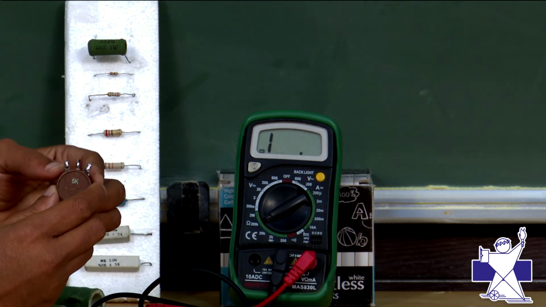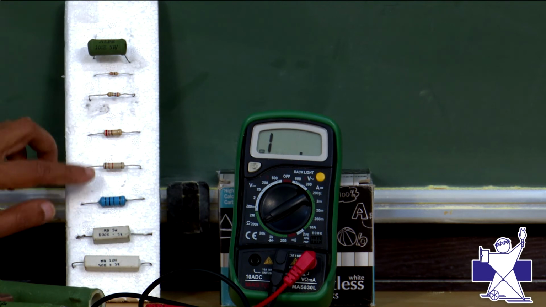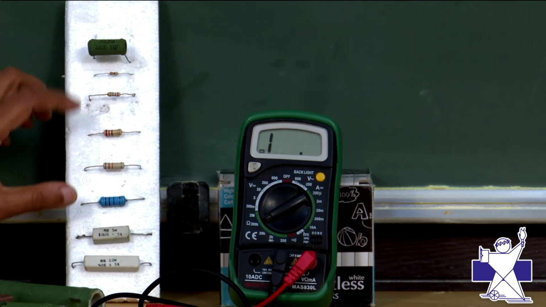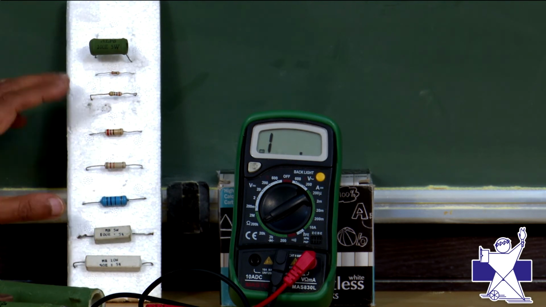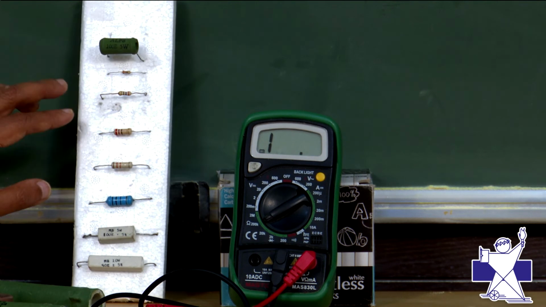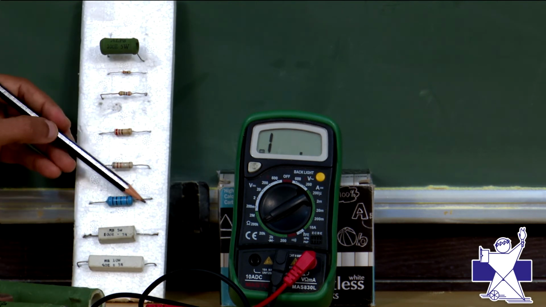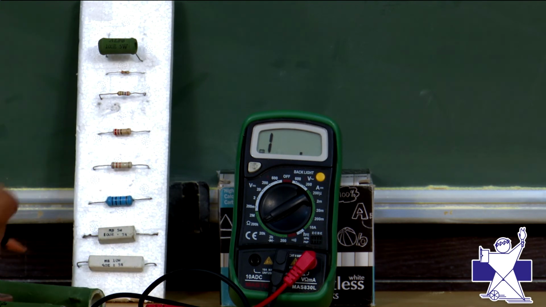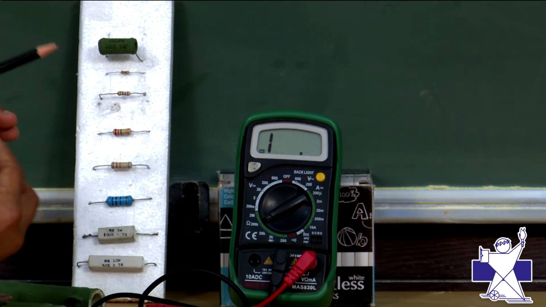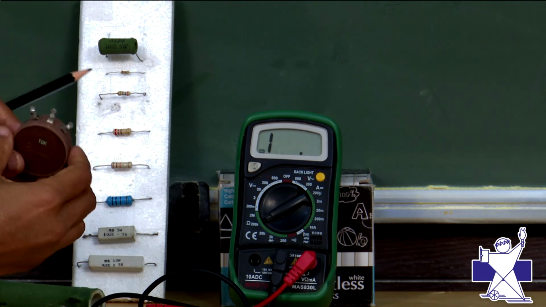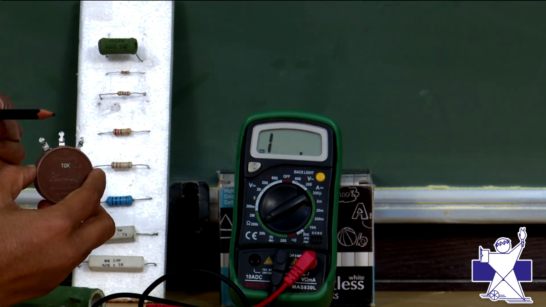Now you see here, the resistors made up of carbon or ceramic are fixed resistances, so they have only two terminals. One this and one this. Only two terminals. But when you have a variable resistor, then you have three terminals.